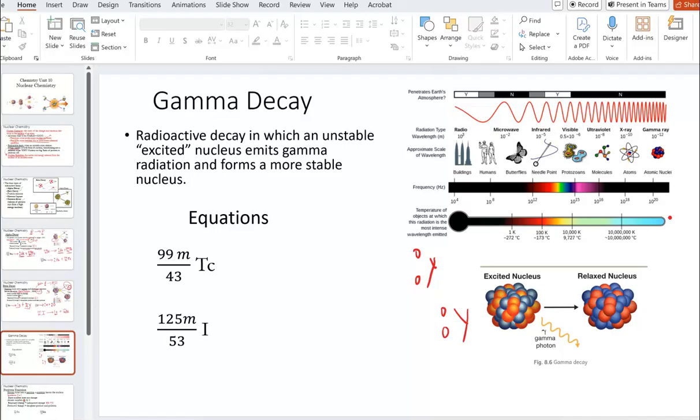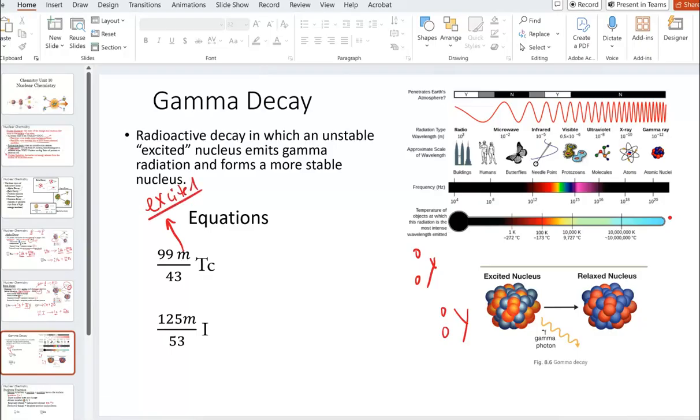So what happens is this. Radioactive decay in which an unstable, excited nucleus emits gamma radiation and forms a more stable nucleus. So what this means, the M is called metastable excited, okay? So M represents metastable. This basically means the nucleus is excited.